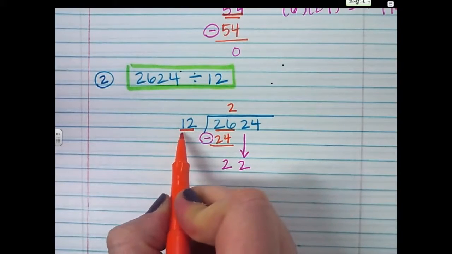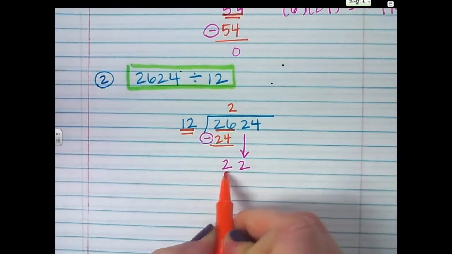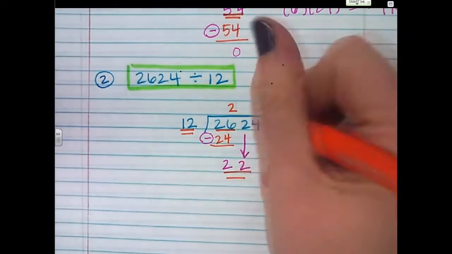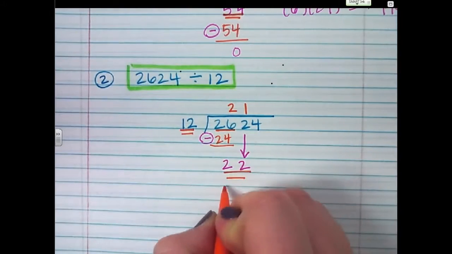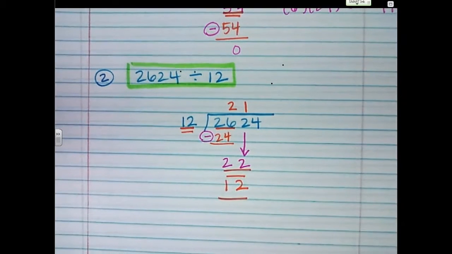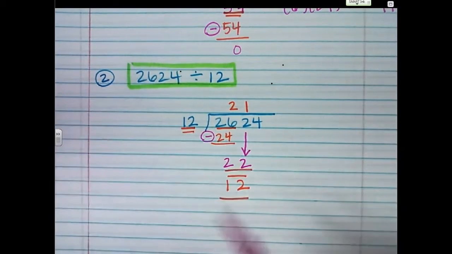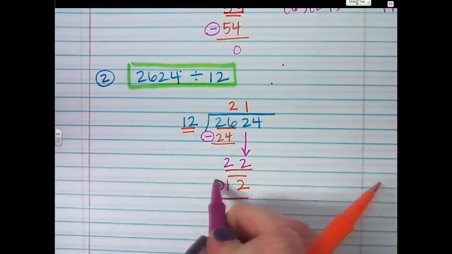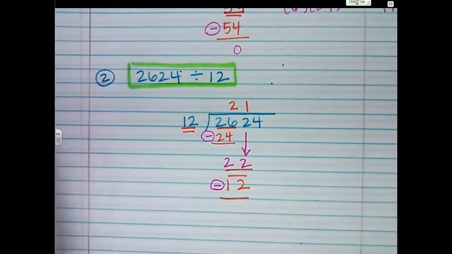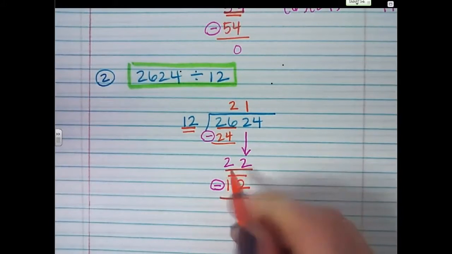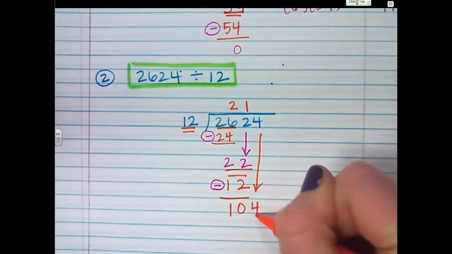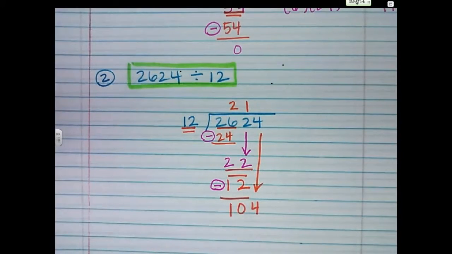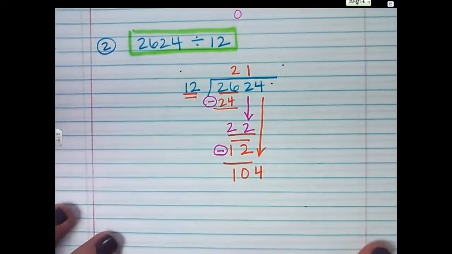Okay, do it again. How many times does 12 go into 22? 1 time. Multiply again. 1 times 12 is 12. Make sure here you're subtracting. You don't have to circle it, but in a minute when we do polynomials, it's going to be easier if you circle it. So 22 minus 12 is 10. Drop the 4. 8 times.